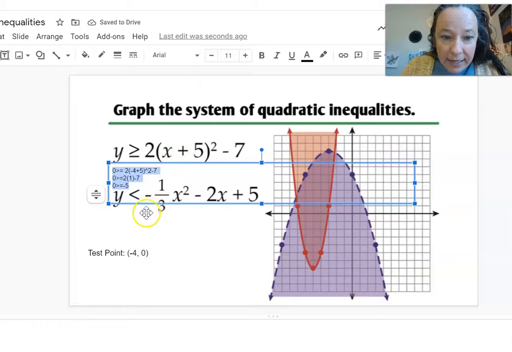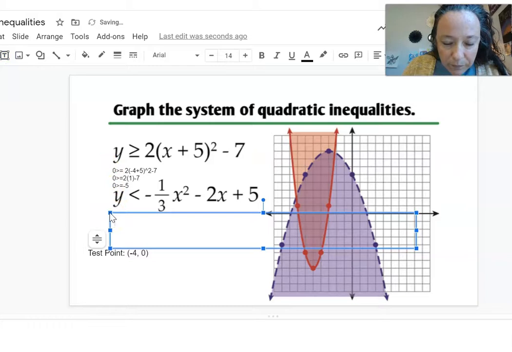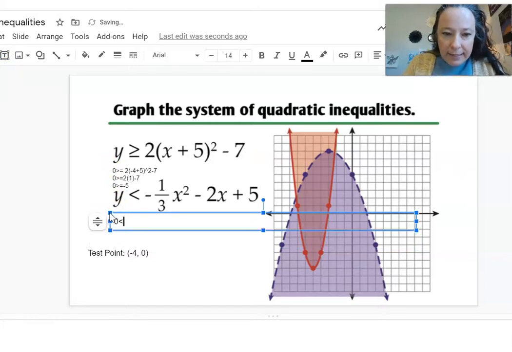Now I need to go and see if it does in the second one. Is 0 less than, oh gosh, we got to plug in a negative 4. So I have negative 1/3 times negative 4 squared minus 2 times negative 4 plus 5.